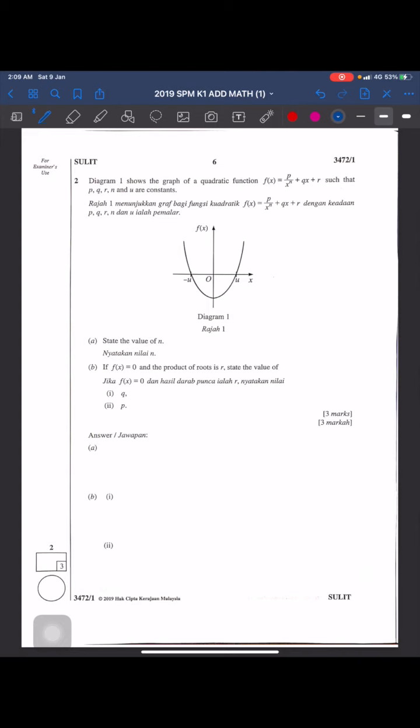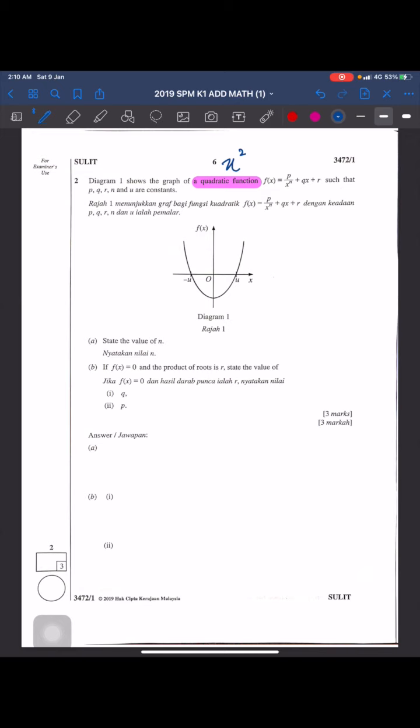Okay, diagram 1 shows the graph of quadratic function such that P, Q, R, N and U are constant. Okay, so the first question, state the value of N. Okay, so in this question, okay, ini berkisah tentang quadratic function. Okay, kita tahu, okay, the highest power of quadratic function is square, betul tak?